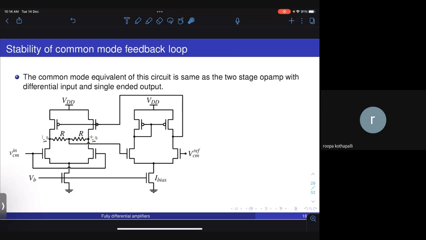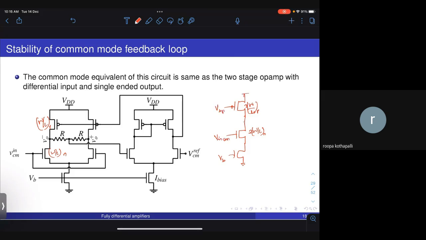If you draw the common mode equivalent, we can replace this circuit with one PMOS transistor which has 2 times W by L of P, and one NMOS transistor which has 2 times W by L of N, and of course the tail current which gives you the bias. This is connected to Vin CM, and this is connected to VBP.